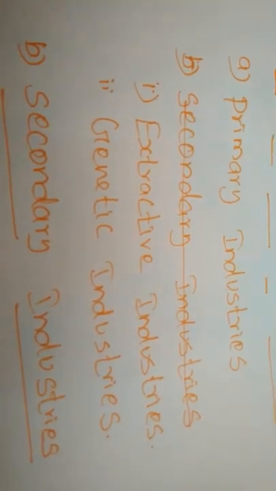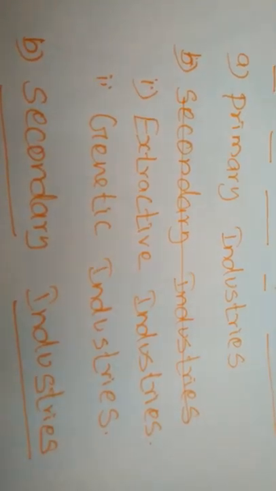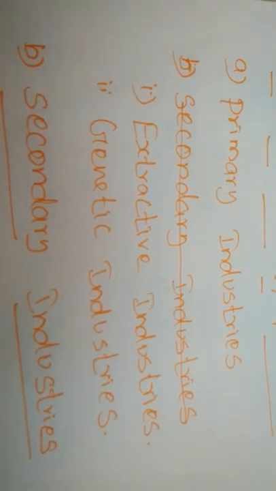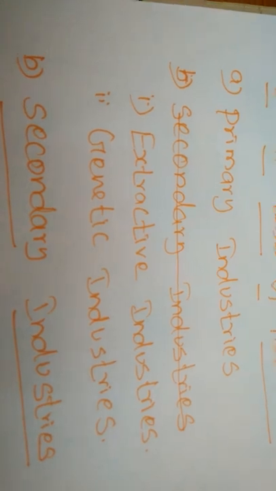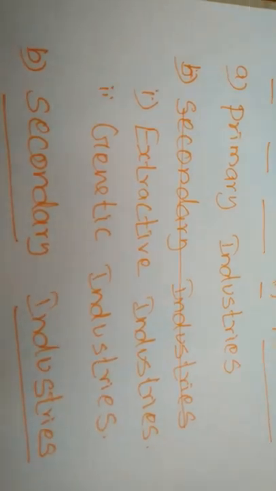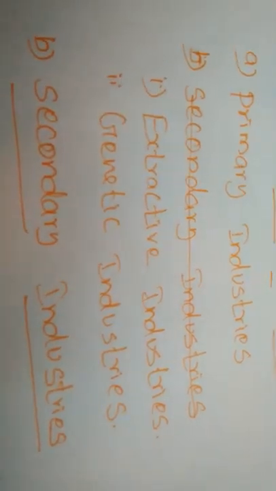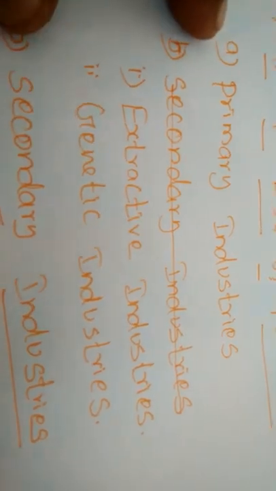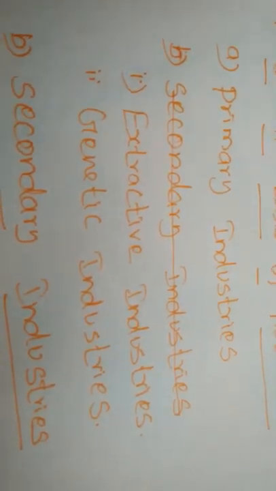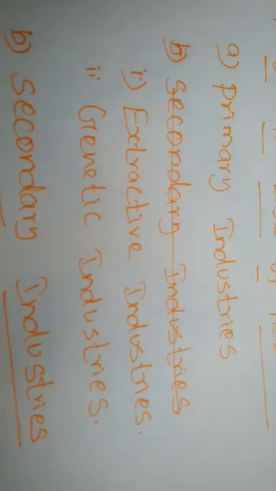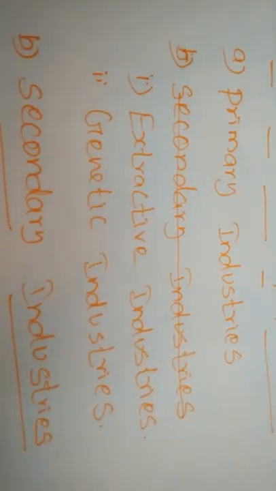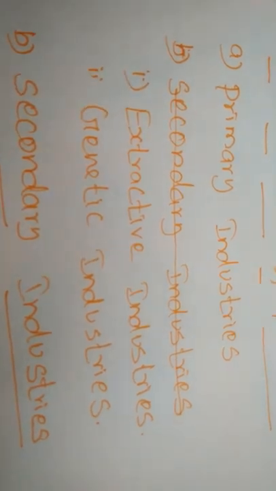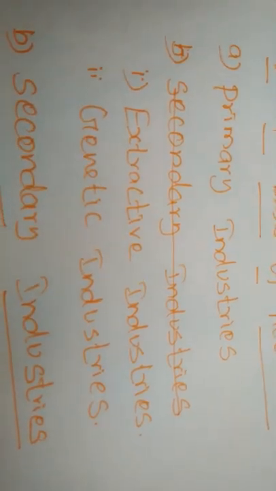The seed also cannot be produced by humans; this is also a gift of nature. So what human effort is needed in agriculture? We have to use all the resources in the proper way. At the proper time, we have to use the fertilizer and the seed, and arrange proper irrigation facilities.